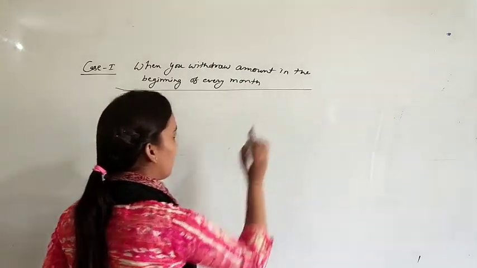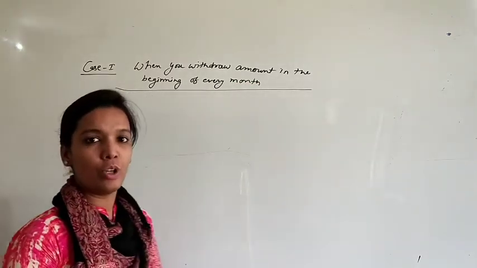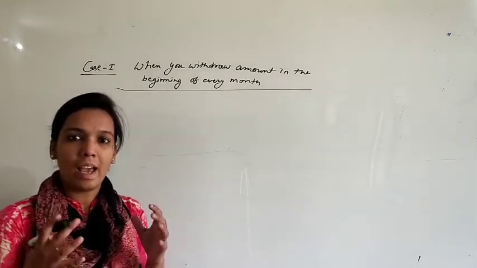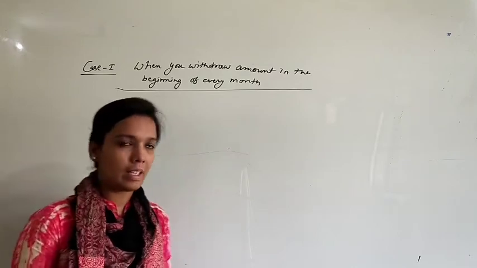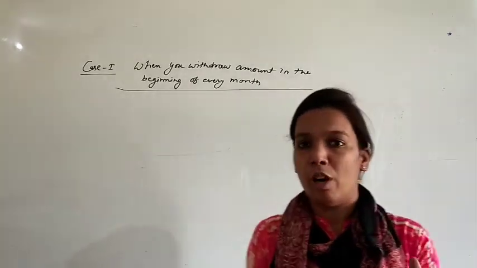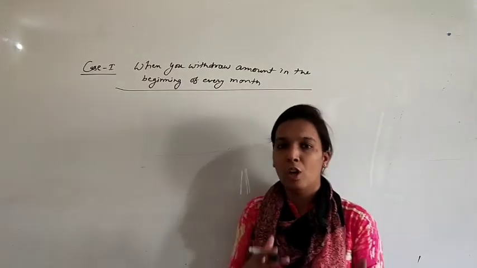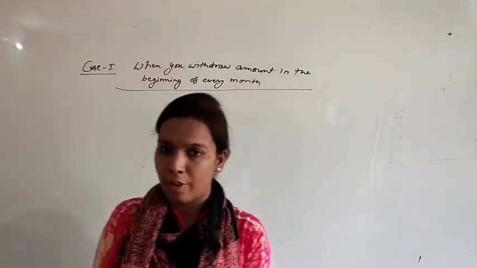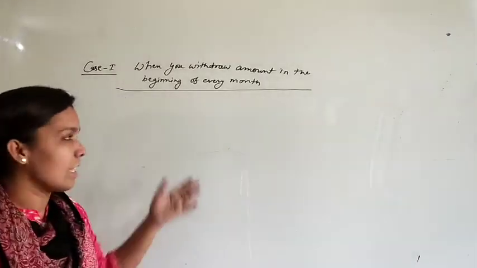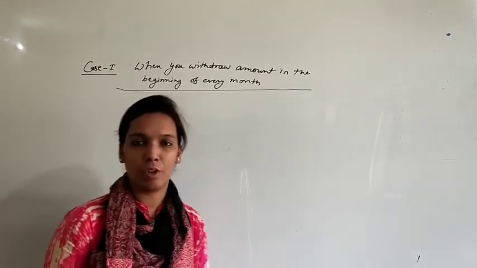This concept is for when you are drawing an amount from a business every month, and how we will calculate interest. But every month also there may be some condition: you may be withdrawing in the beginning of every month, or in the middle of every month, or at the end of every month. So first of all, the first case is that you are withdrawing in the beginning of every month.